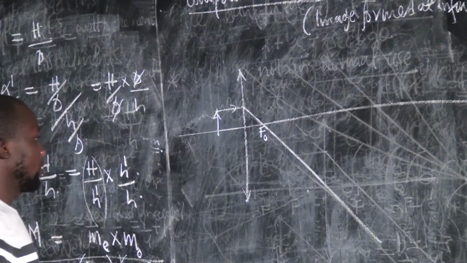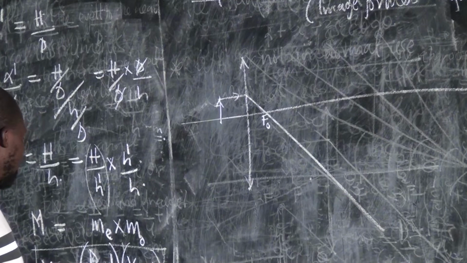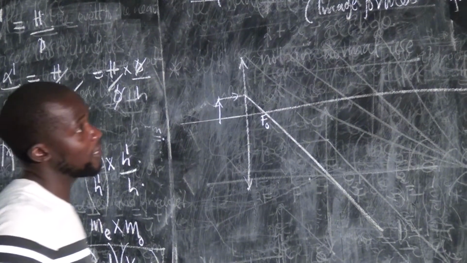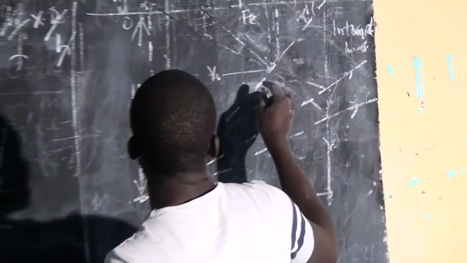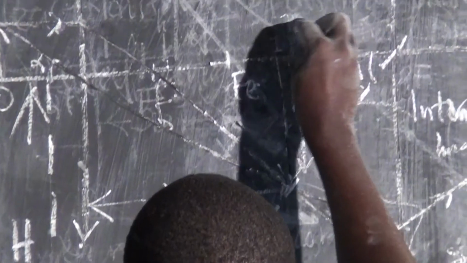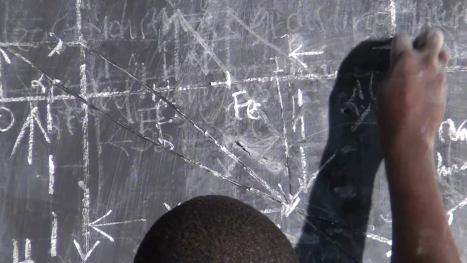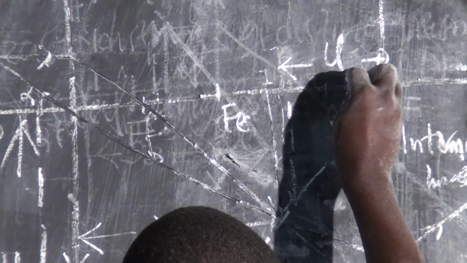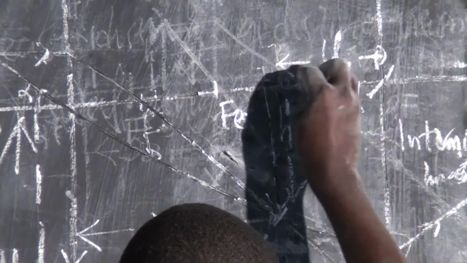There are some things that I did not discuss. Somebody may ask you to obtain the separation between these two lenses. The distance from here up to here becomes a U, an object distance, but for the eyepiece.